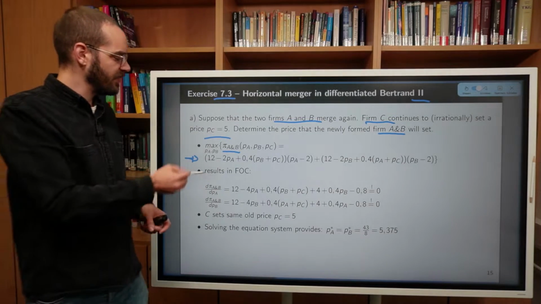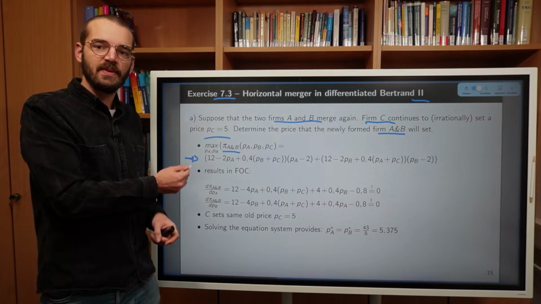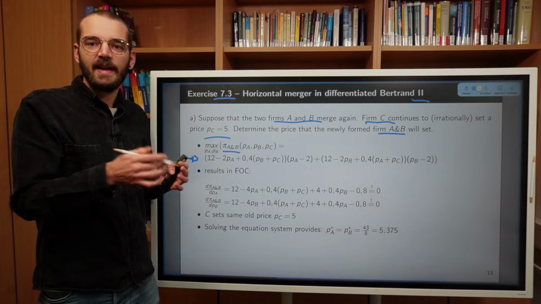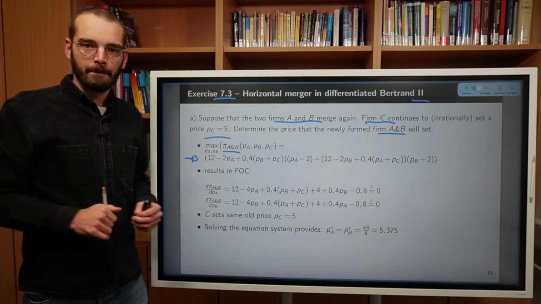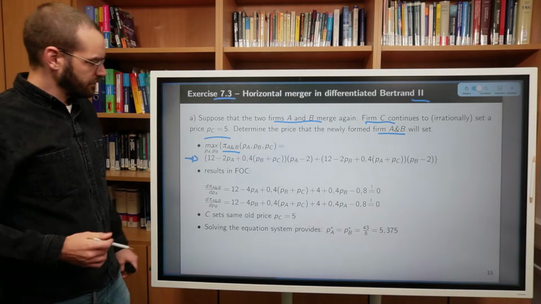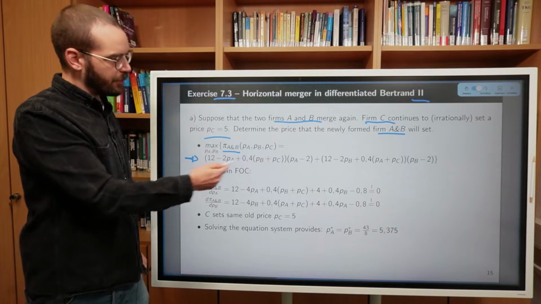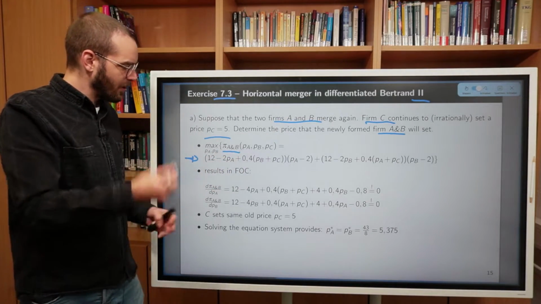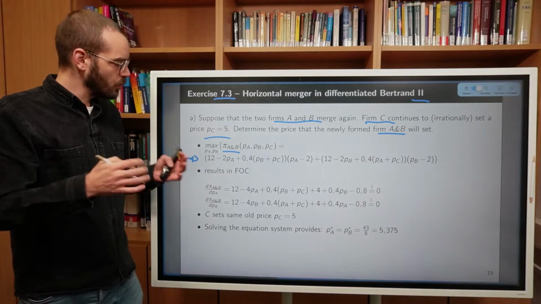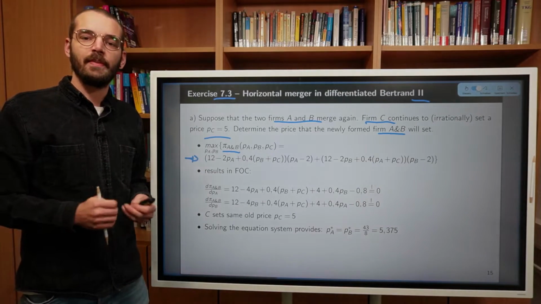So what we have here is simply profit pi A plus pi B. Adding up these two profit functions of firm A and firm B results in one combined profit function for firm A and B.